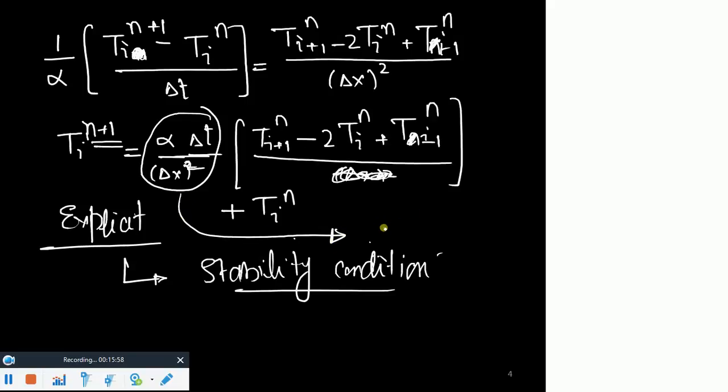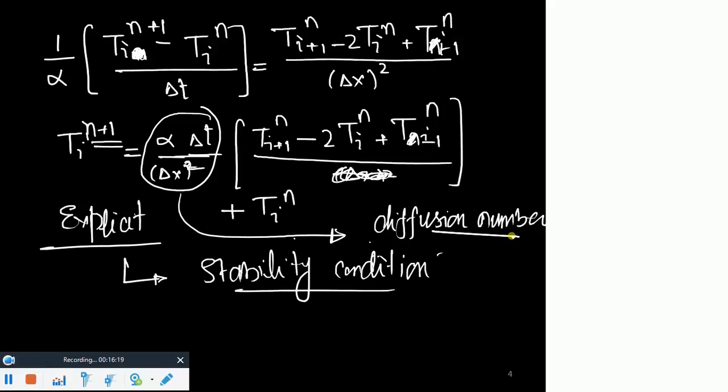Generally this number is known as the diffusion number. If you look at the CFD books, this number is known as the diffusion number, and the stability criterion depends upon the numerical technique.